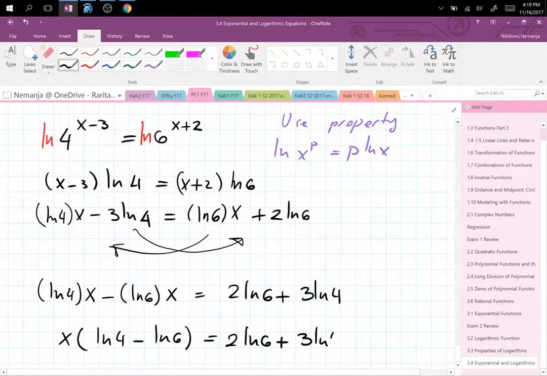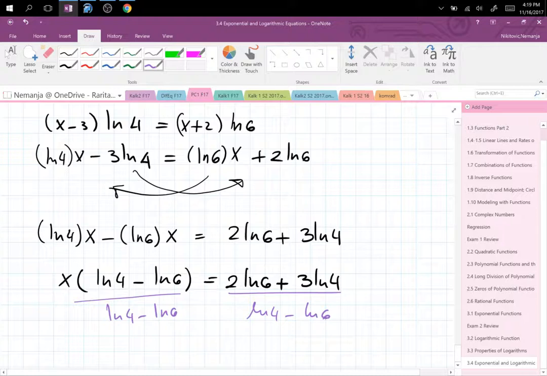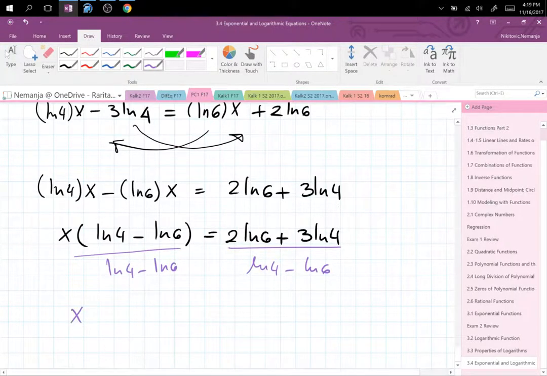And now we divide both sides by this ln 4 minus ln 6. And we're done. That's the answer. X equals, so this is the final answer. X equals, when you divide both sides, this left side cancels.